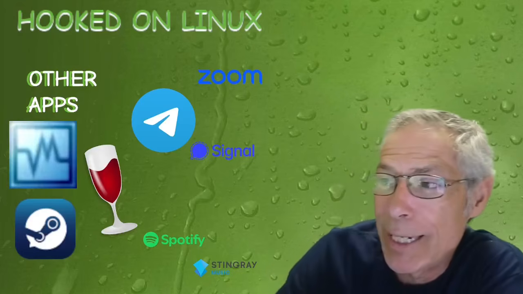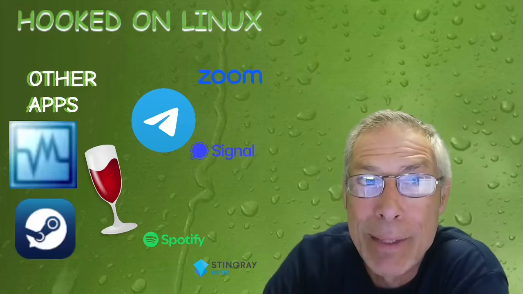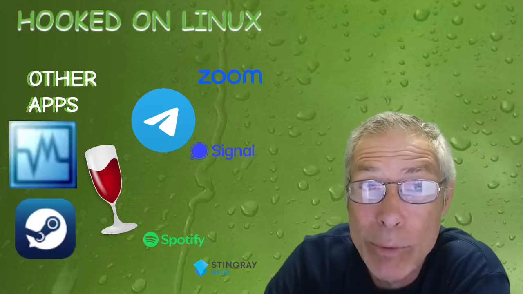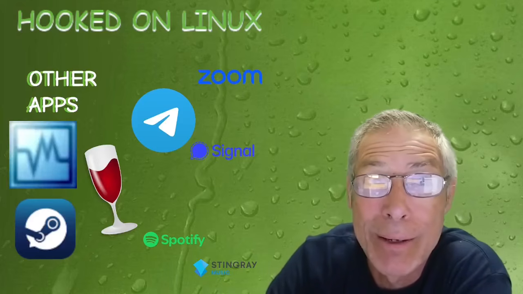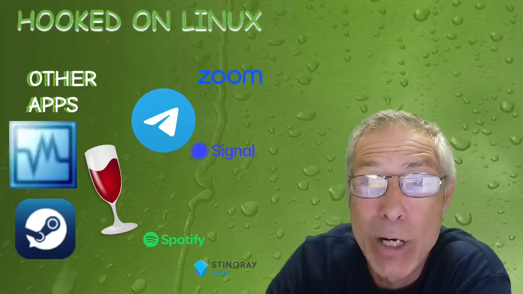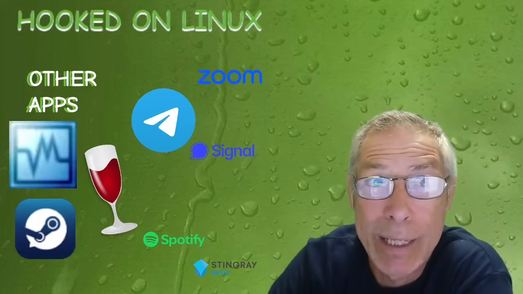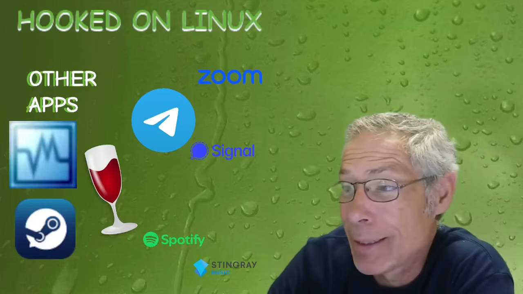It's right beside VirtualBox, which is another emulator. And VirtualBox basically runs ISOs, which I don't remember what ISOs stand for, but ISOs are operating systems. And so you can run whatever kind of operating system you want on your desktop.